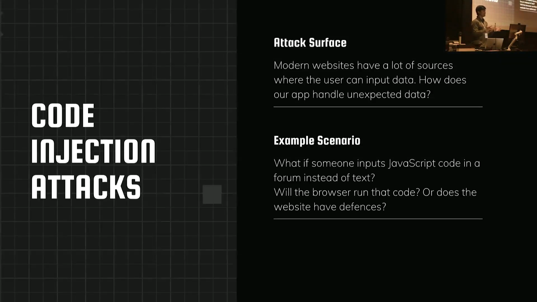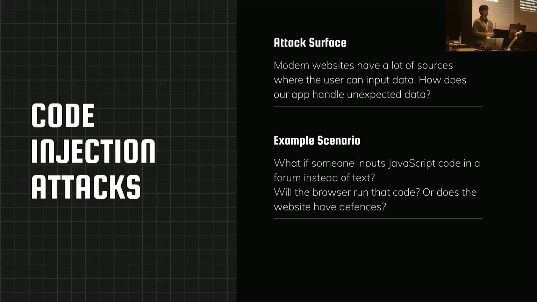As applications have become more and more complex, the interaction between the user and the web applications has increased drastically. It's not just a static website anymore. There are two-way flows going all the way. So the attack surface where the attacker can do some damage has increased as well. Think of the scenario where instead of text, someone puts in JavaScript code or SQL.